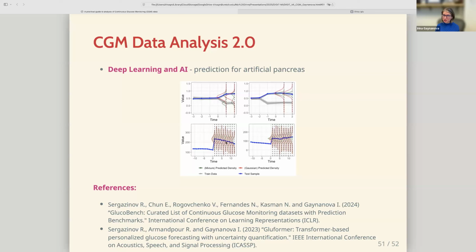And this could be a prediction that is unimodal. This could be a prediction that is bimodal. And what we also done within the space is we have a public repository of curated CGM data sets with machine learning models that one can benchmark the model performance against this public data using standardized processing tasks.